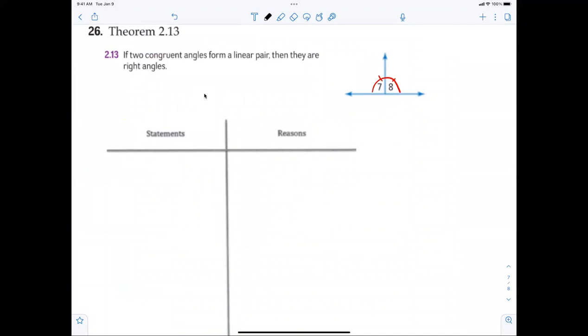So here we just have the given. What has to be true in the given? What are they given? Angle 7 and 8 are a linear pair.